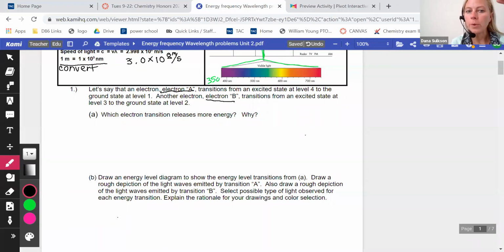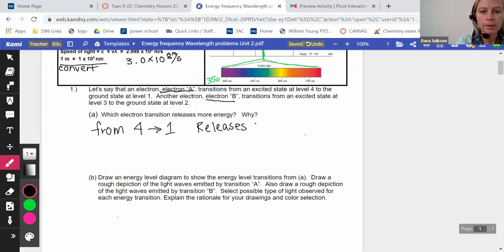Logically thinking, if you're going from 4 to 1, there's a larger leap of energy versus 3 to 2. So in fact, from 4 to 1, the ground state, it releases more energy. And this would be electron A, example A.